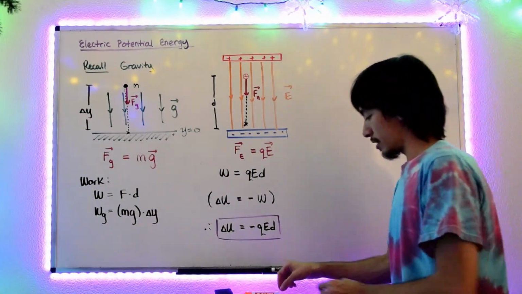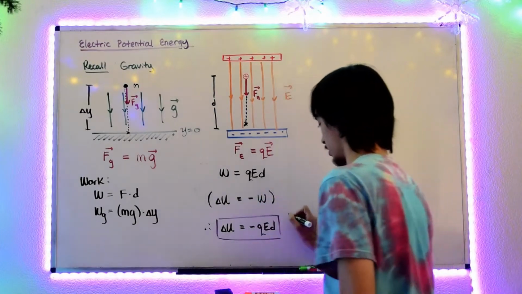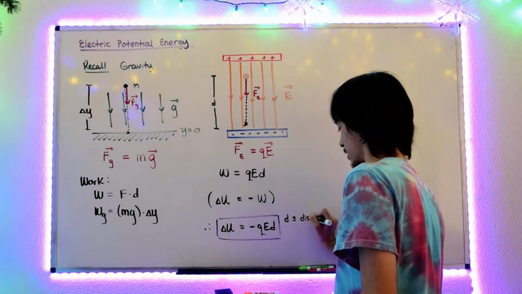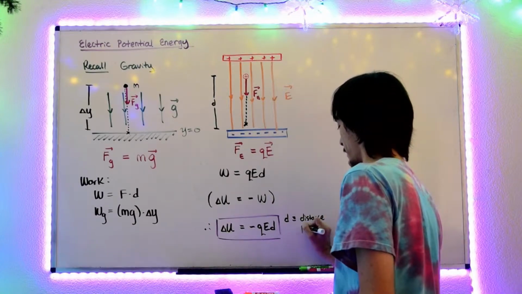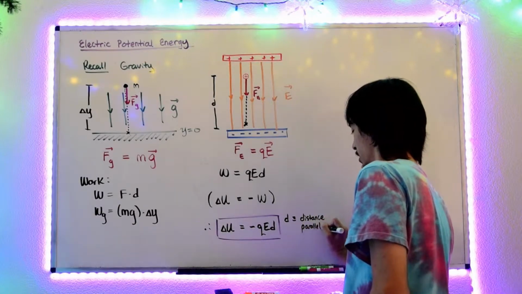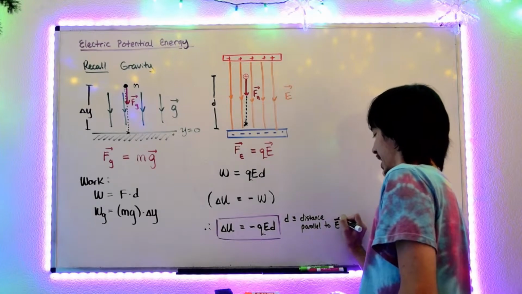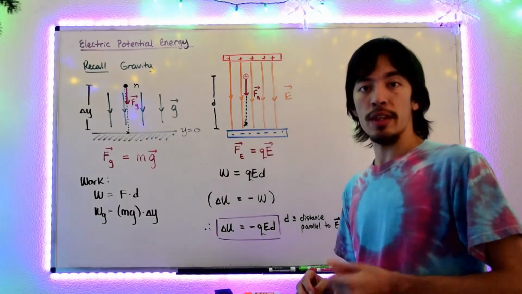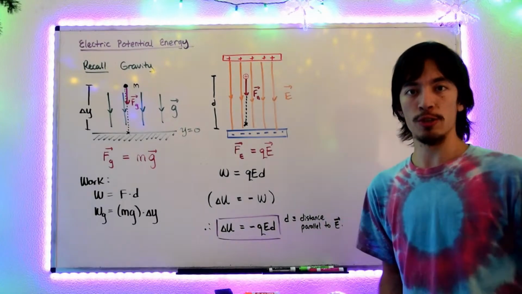Now this distance has to be the distance along the field lines, so d is defined as the distance parallel to the electric field E. This has to be the case because that's the only way we're going to change our potential energy.